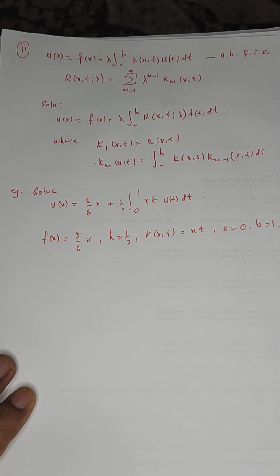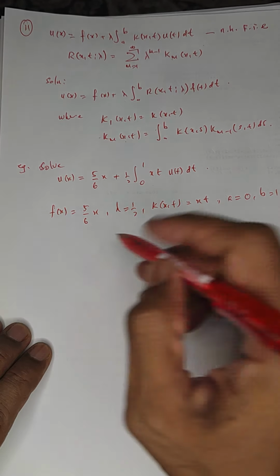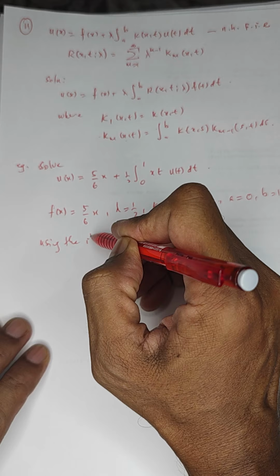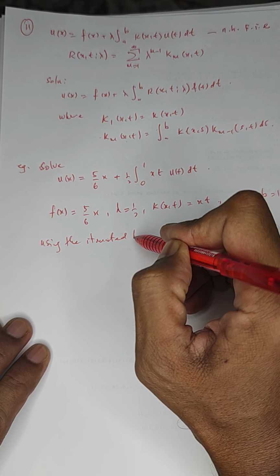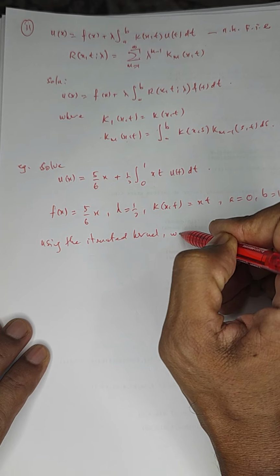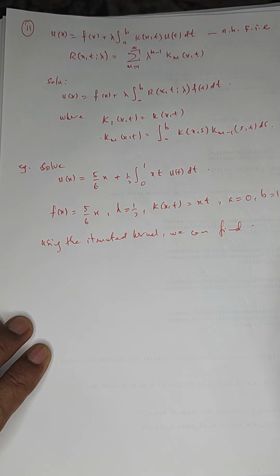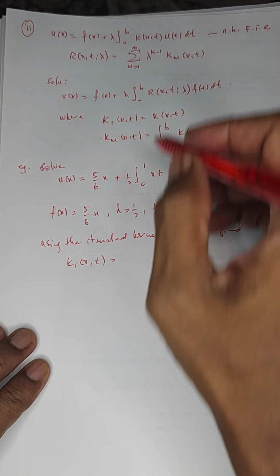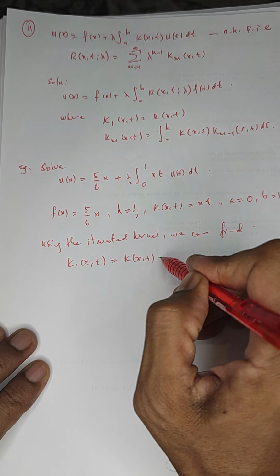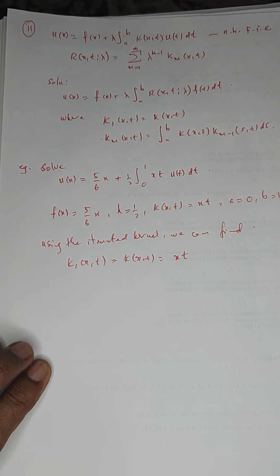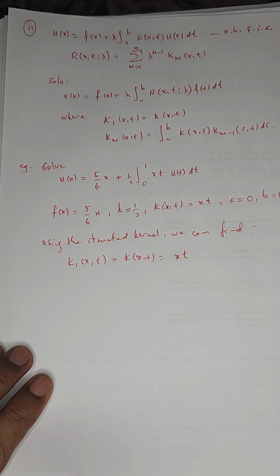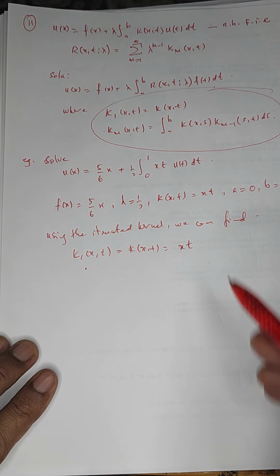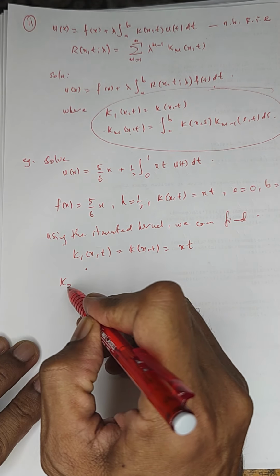Then using the iterated kernel, we can find K_1(x,t), which by definition is K(x,t), and our K(x,t) is xt. And we can find K_2(x,t).